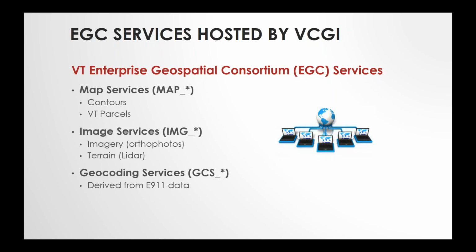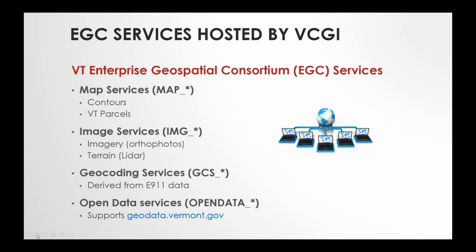These are derived from the 911 data, and they are combined to provide geocoding service capabilities. And we have recently, as sort of a special category, which is part of our new open data portal, a suite of open data services that help to drive and support the geodata.vermont.gov site.